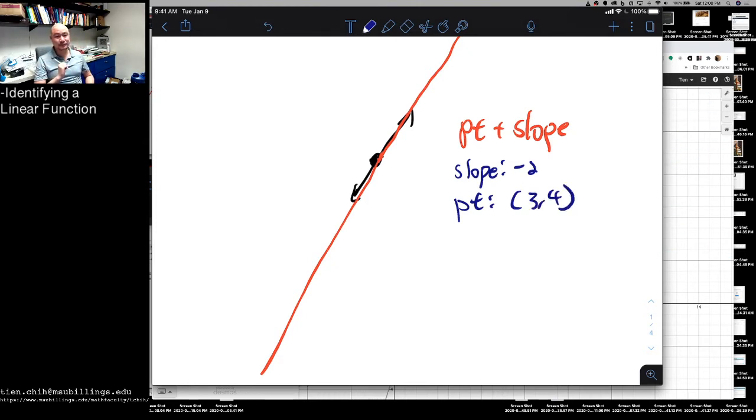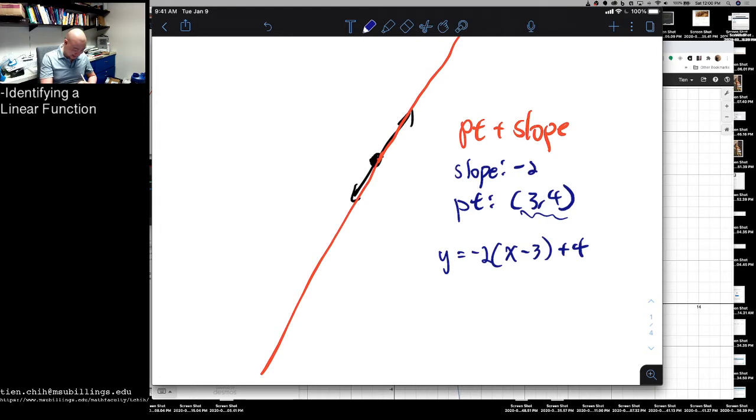Alright, let's recall the previous video where we had the point-slope form, and note that the linear function which satisfies both passing through (3, 4) and having slope -2 is the linear function y = -2(x - 3) + 4, right?